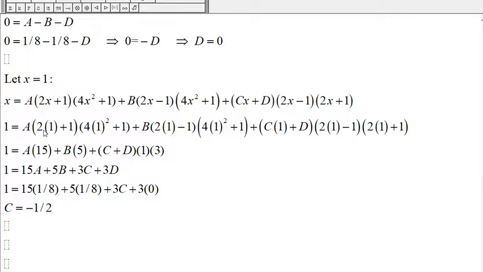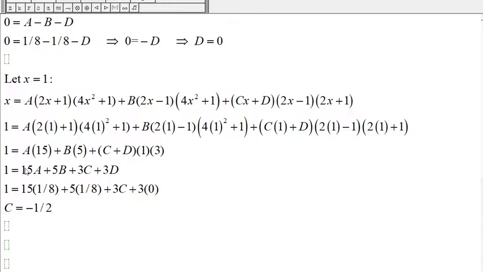Here we have 2 times 1 is 2, plus 1 is 3, and then this is 4 times 1, plus 1 is 5, so that'll make it 15. 2 times 1 is 2, minus 1 is 1, and this part is 5, so we get 5. C times 1 is C, and then D. 2 times 1 is 2, 2 minus 1 is 1, and then 2 plus 1 is 3.